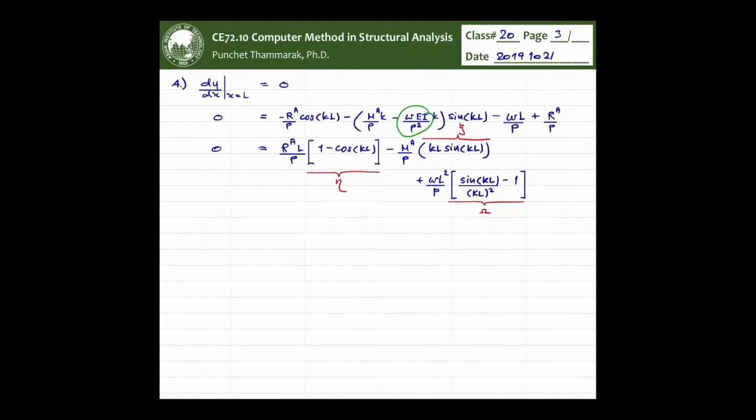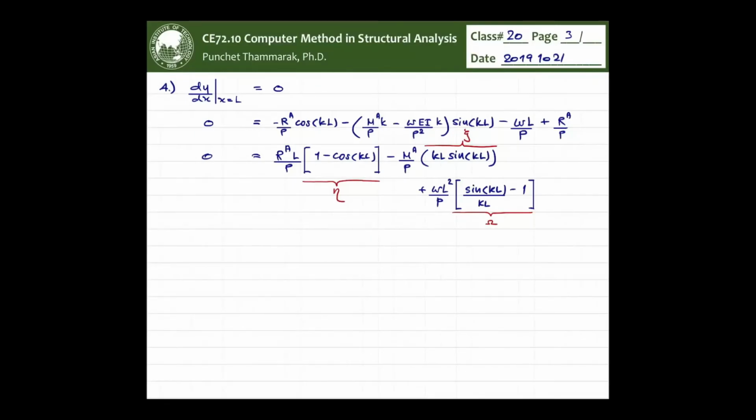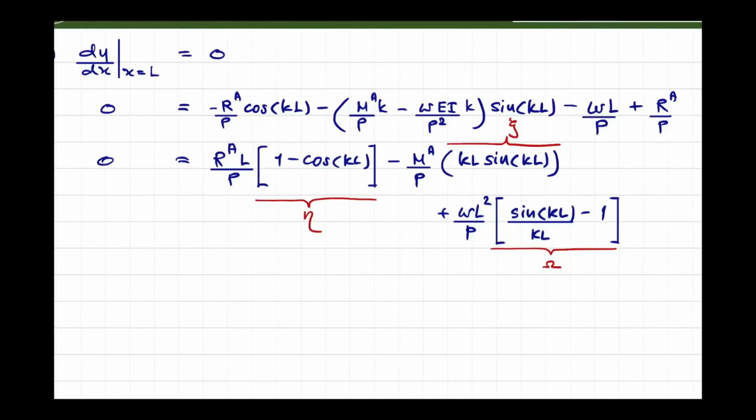Oops. Let me clean this green thing out. Okay. So we can solve for RA and MA. The W terms ought to be known, right? W is known, it is given. So for MA and RA, let me do it this way.